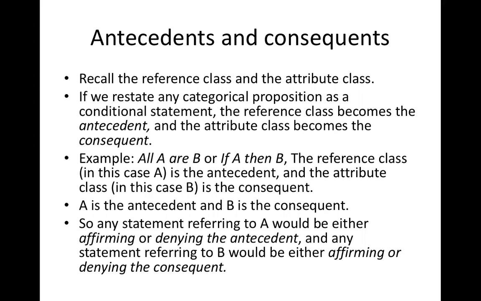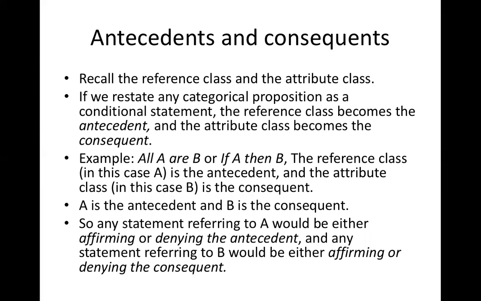The first part of the premise, the reference class, is normally the antecedent. And the second part of the sentence, which is the attribute class or the predicate, is normally called the consequent. So the subject of the sentence, or the reference class, is normally the antecedent, and the predicate of the sentence, or the attribute of the sentence, is normally called the consequent.